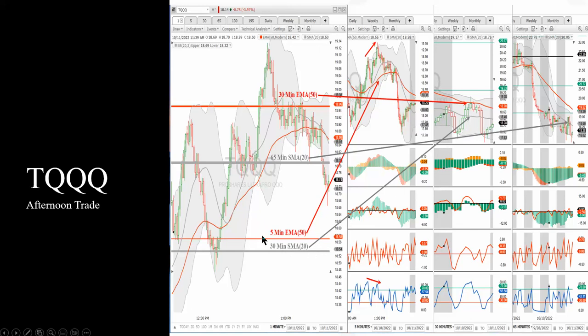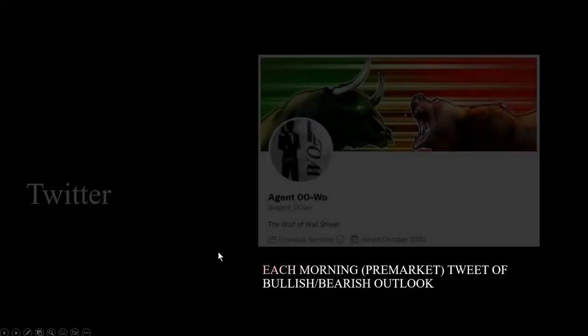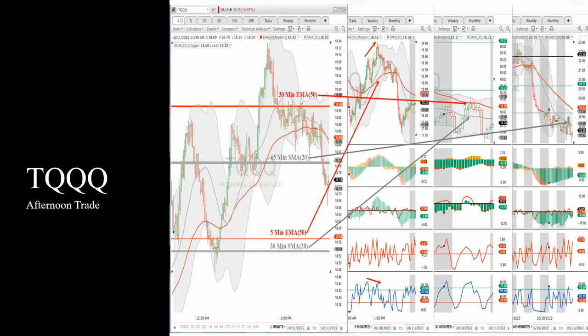Here's the 5-minute EMA 50 correlated right to this point, right? So here's the 65-minute SMA 20 correlated to that. Look at this price action. It is perfect. Up, down, touches the 30-minute SMA. All the way back up, comes back down, and back tests the 65-minute SMA.